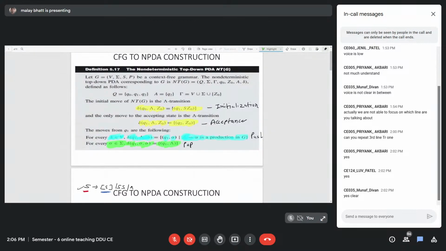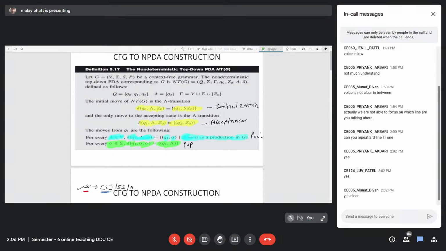We can directly get a non-deterministic PDA table using this. So Q0 null Z0, which is highlighted with yellow color, the first line. We'll go to the Q1 state and push the starting symbol of the grammar on the stack, so we get Q1 SZ0. We consume null from the input.